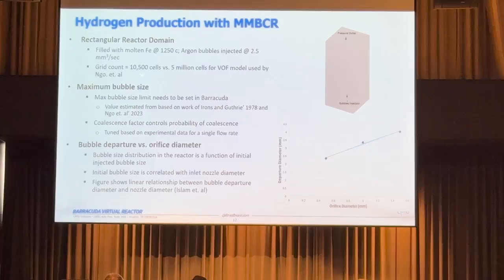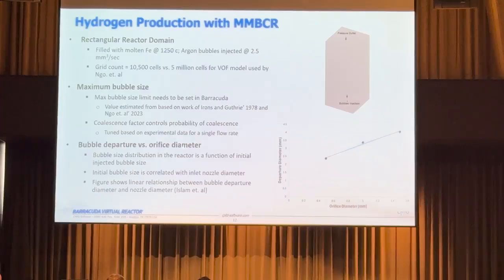Whereas I was able to simulate this within Barracuda using about 11,000 cells. That is significantly faster, and their whole simulation time was a few seconds, 2 or 3 seconds, whereas I was able to simulate about 100 seconds within a matter of hours using Barracuda. And then again, you can essentially turn around more and more simulations as I've done in this work, which I'll show you in a second.